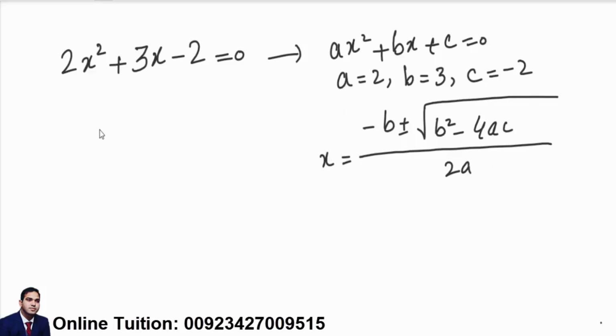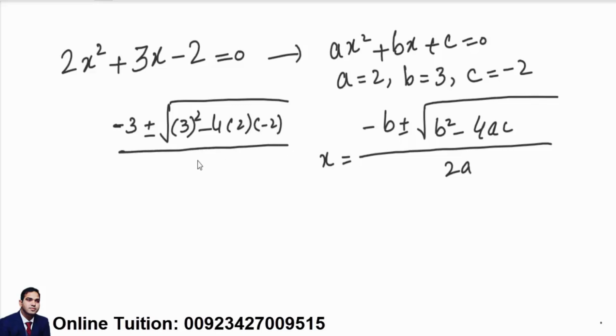Negative b means negative 3, plus minus square root of 3 square negative 4 into 2 into negative 2, divided by 2 into 2, where 2 is a. So insert the values in the formula. Now simplify.